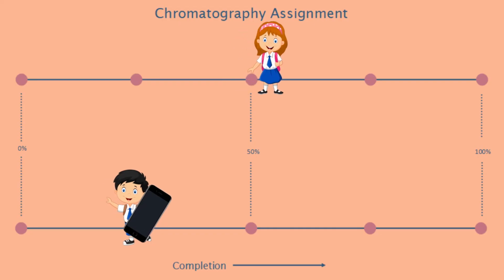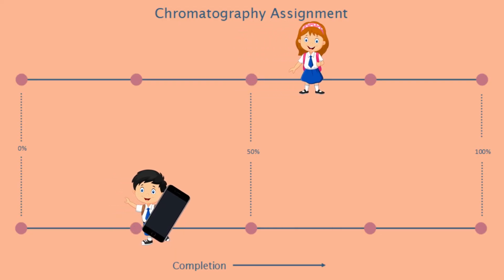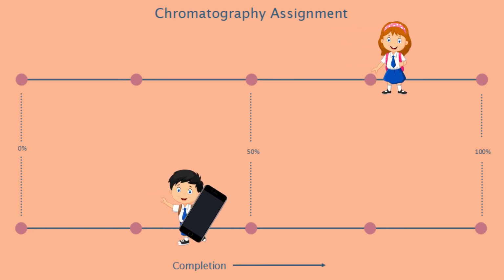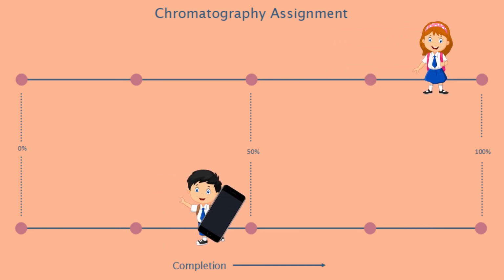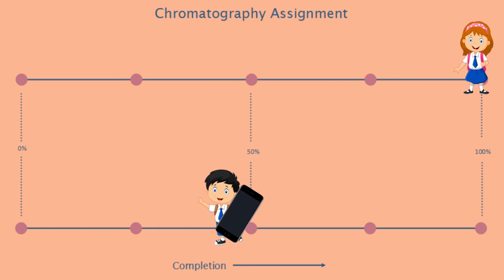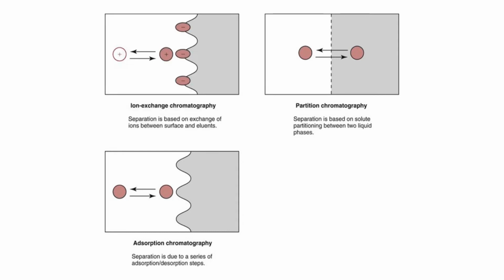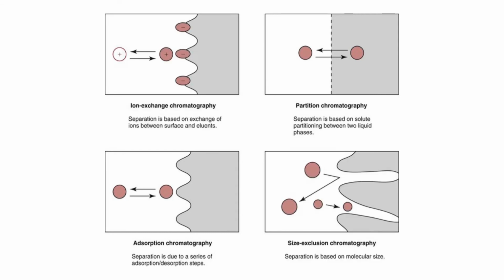From our previous example, we can say that the cell phone acted as the stationary phase, attracting the student and reducing their progress in the project compared to the other student who rapidly finished. We could also consider that the progress within the project is acting as the mobile phase, keeping the students motivated and making them work.